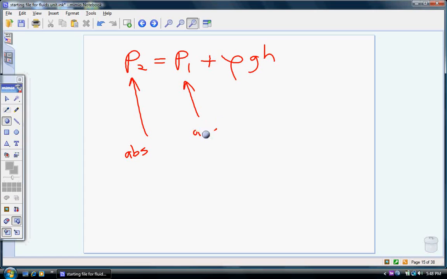On the other hand, if over here you substitute in the gauge pressure and crunch out your formula, then over here you end up getting the gauge pressure at the lower point. This formula works whether you're using absolute pressures or gauge pressures, but you have to be consistent. If this is gauge pressure, this should be gauge pressure. If this is absolute pressure, this is absolute pressure.